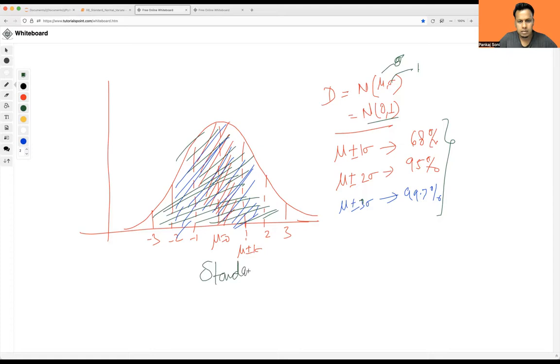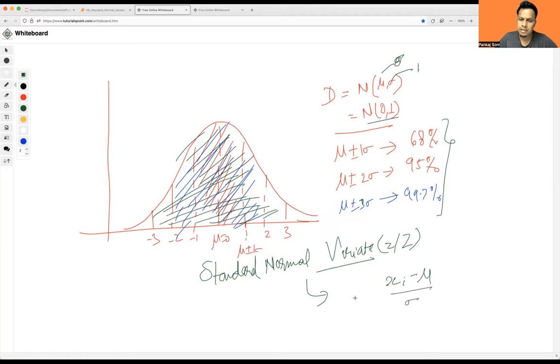Standard normal variate, which is represented as small z or maybe capital Z. So what exactly does it tell? You take all the data, let's say xi, subtract the mean from it and divide by the standard deviation.